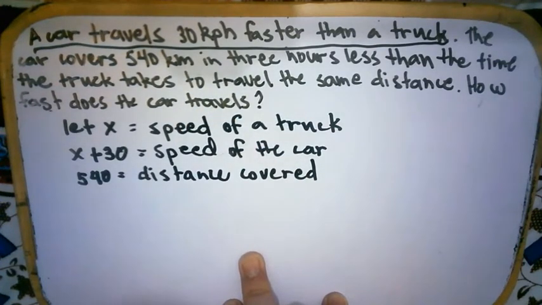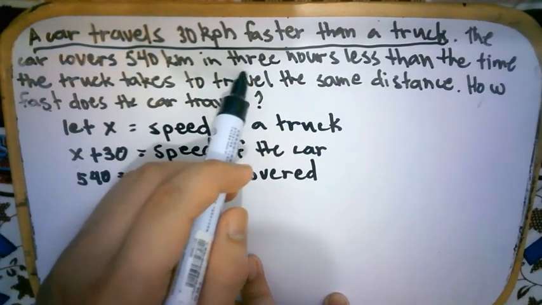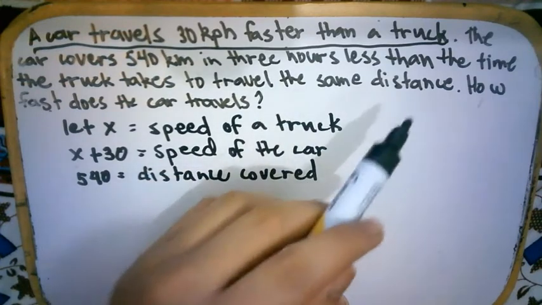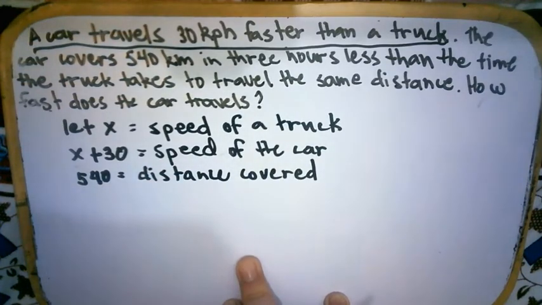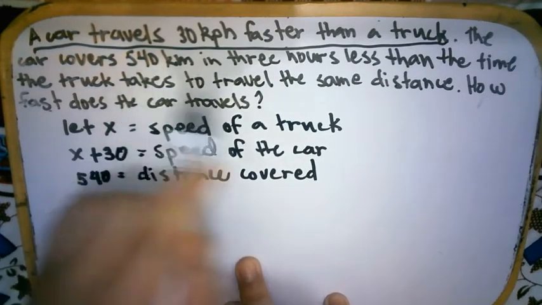Okay, next. So how are we going to use the statement about the number of hours? Sabi kasi dito, the car covers 540 kilometers in 3 hours less than the time the truck takes to travel the same distance. So same distance lang sila.